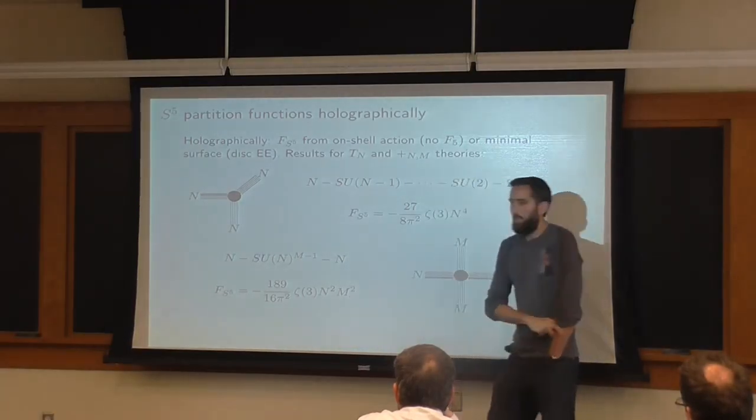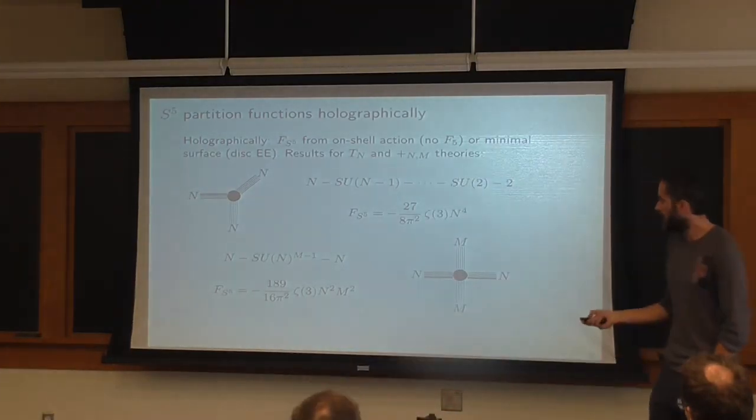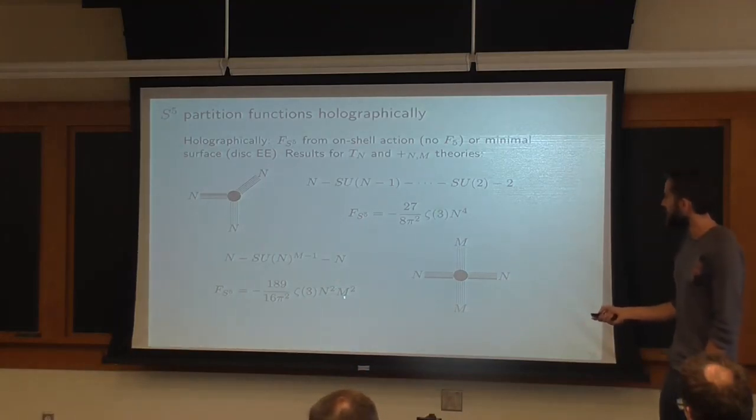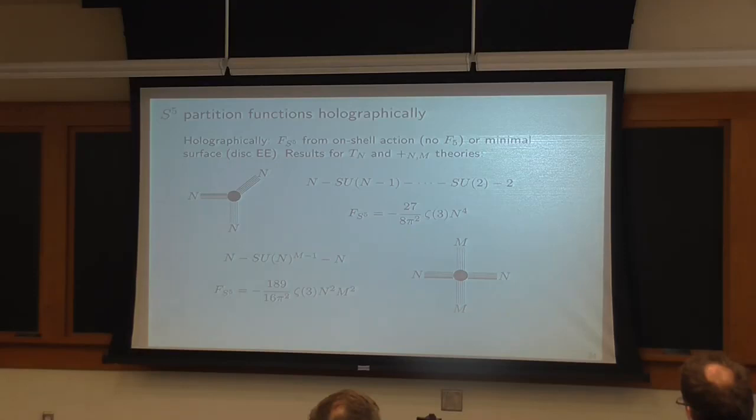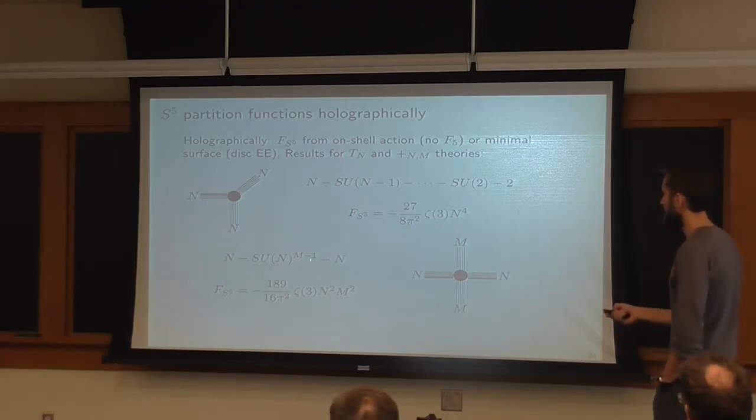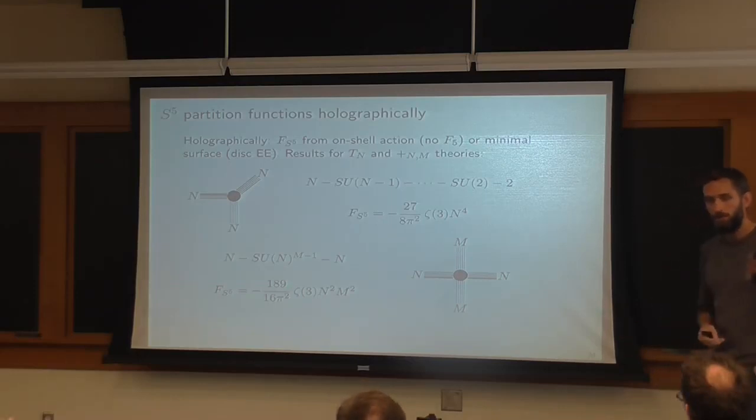By contrast, what we find from the supergravity duals is that again there is an enhancement of the scaling, N squared M squared, as the scaling for the partition functions. And once again, there is an overall coefficient which involves a zeta of 3, but otherwise is fairly universal.